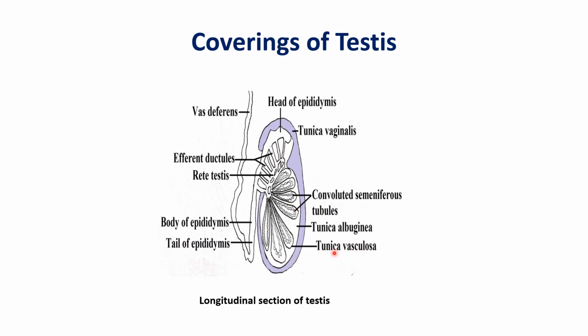So these are the layers of the testes. One can appreciate here the head, body and tail of the epididymis. The epididymis functions as a reservoir of spermatozoa, and the tail continues as the vas deferens. So this is the longitudinal section of the testes with the tunica vaginalis, tunica albuginea and tunica vasculosa.